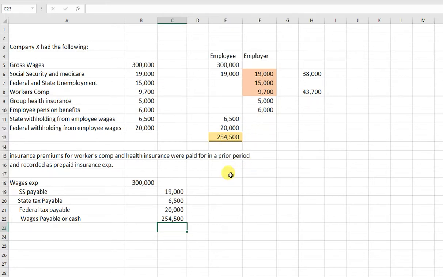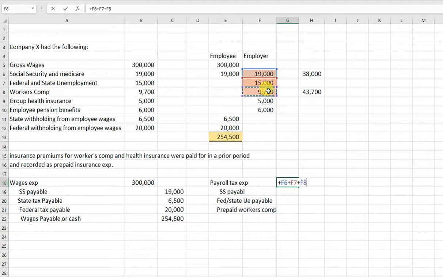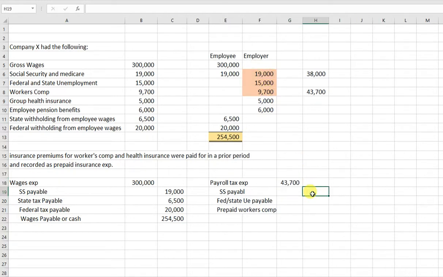Now I have to record the employer's taxes. I'll pause while I type in the journal. Okay, so notice the three taxes that the employer pays are Social Security, unemployment, and workers' comp. So those three add up and go into your expense. And Social Security payable, you're going to write a check to the Social Security Administration for $19,000.